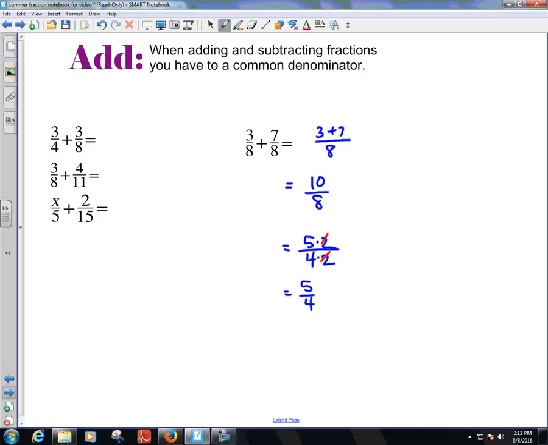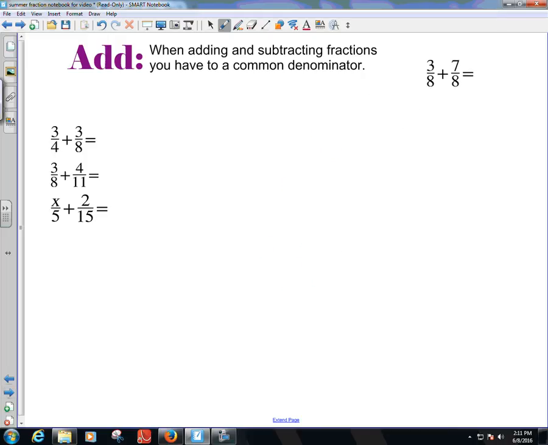Now, hopefully, you don't have to go through this step. You just recognize that 10 over 8 is equal to 5 over 4. But there will be more complicated examples where you might need to do that intermediary step in order to figure out how to reduce the problem. So our correct answer for this is 5 over 4.